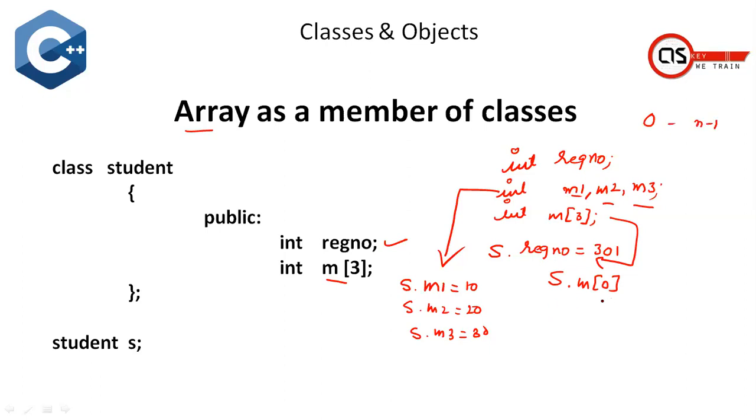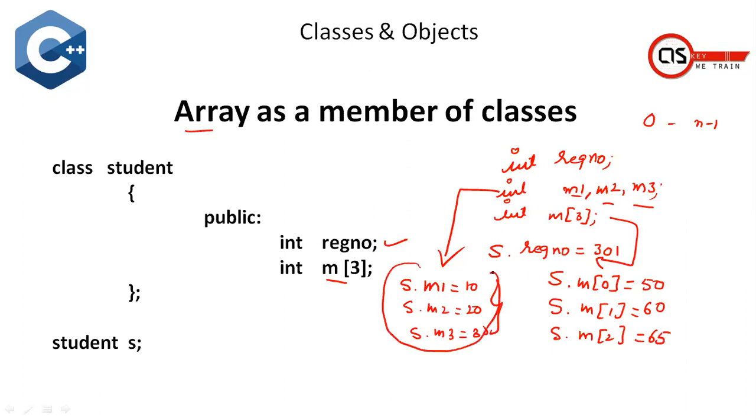So the first index of the array is M of 0, which can hold the marks of a student, which is 50. Likewise, S dot M of 1, where the marks of the student is 60, and S dot M of 2, where the marks of the student is 65. So this is an alternate form of this particular format.